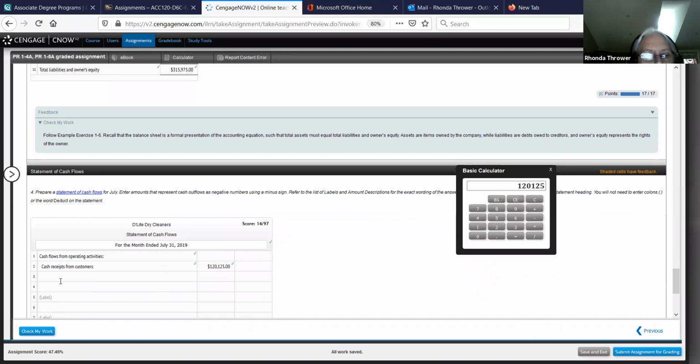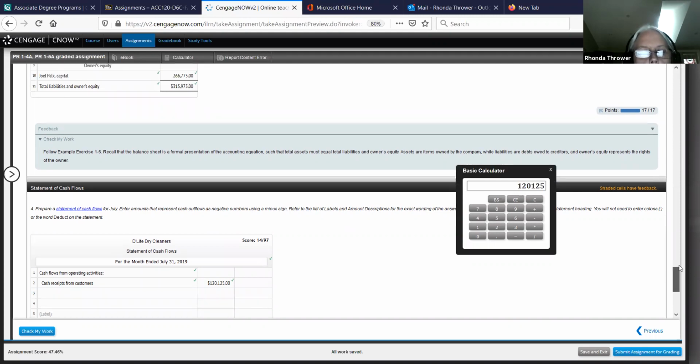On the third line, we're going to have to put another amount description. And what we want to put down is something similar to this. We want to show the cash that we paid to our creditors and cash that we paid for expenses.